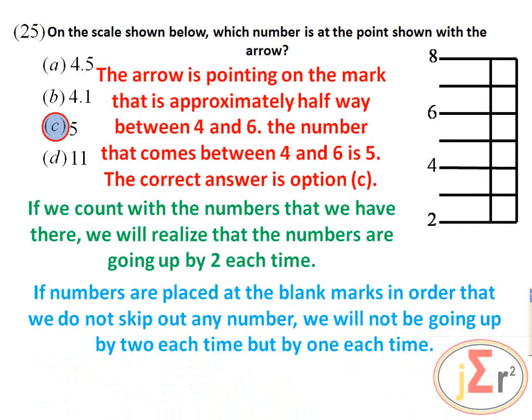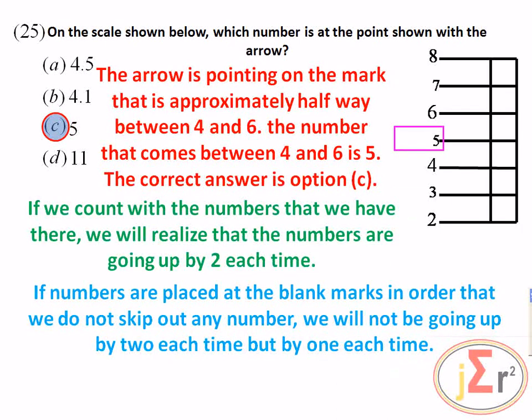If the numbers are placed at the blank marks in order that we do not skip out any number, we will not be going up by 2 each time, but we'll be going up by 1 each time. So if we say 2, we do not skip a number and then go to 4. We say 2, 3, 4, 5, 6, 7, 8. So we are not skipping out any number.